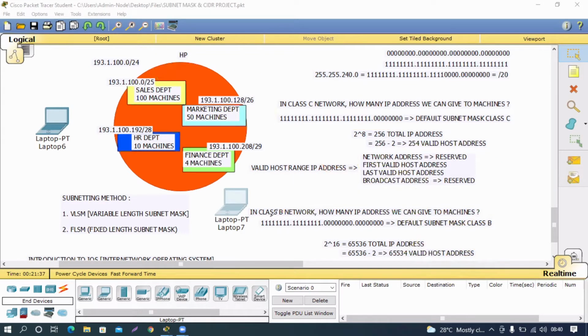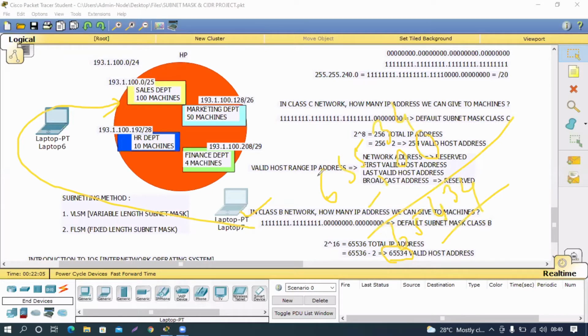If I talk about class B and I give this subnet mask to 100 machines, how many IP addresses are getting wasted? This is your 65534, right? 65534 minus 100 is 65434, not 36. 36 is including the network and broadcast address.